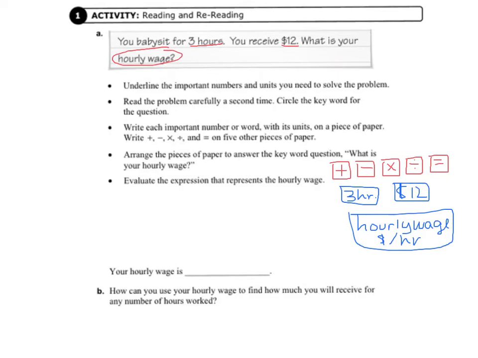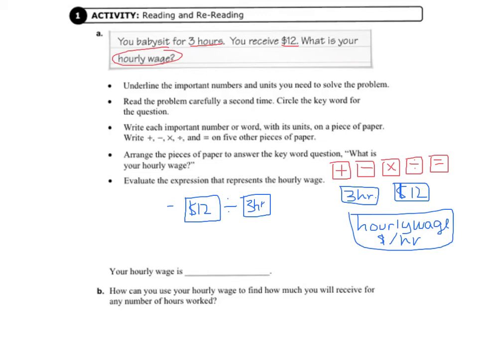And then it says for the 4th bullet, arrange the pieces of paper to answer the key word question. What is your hourly wage? So if we want to find out how much money we're going to be making per hour, then we would need to take the total amount of money that we're making, $12, and divide that by the number of hours that we're working.